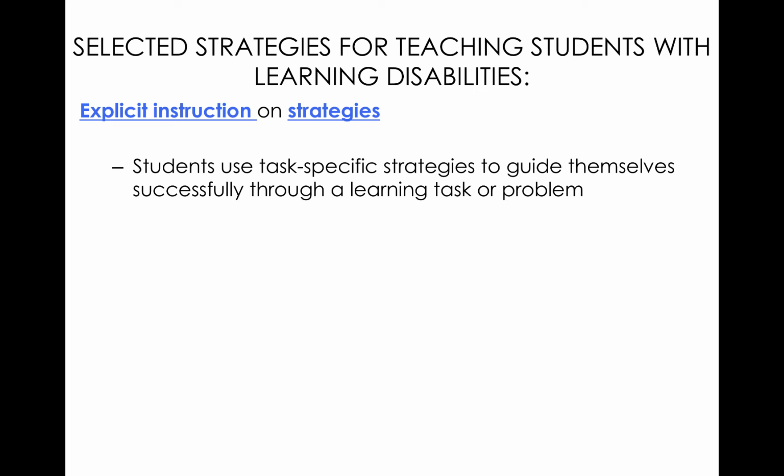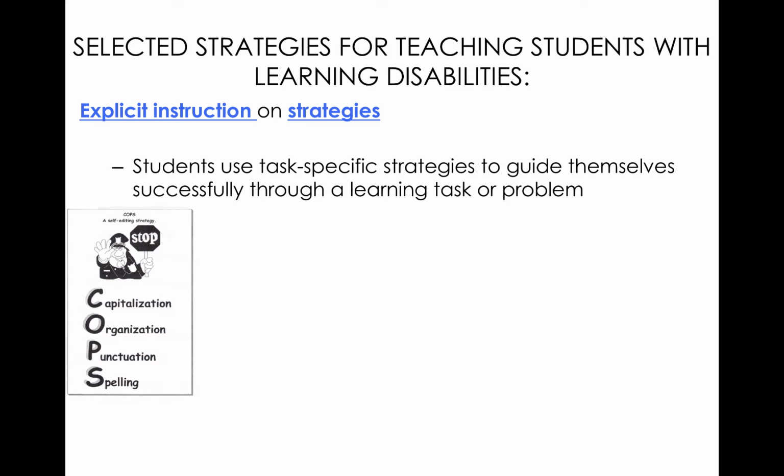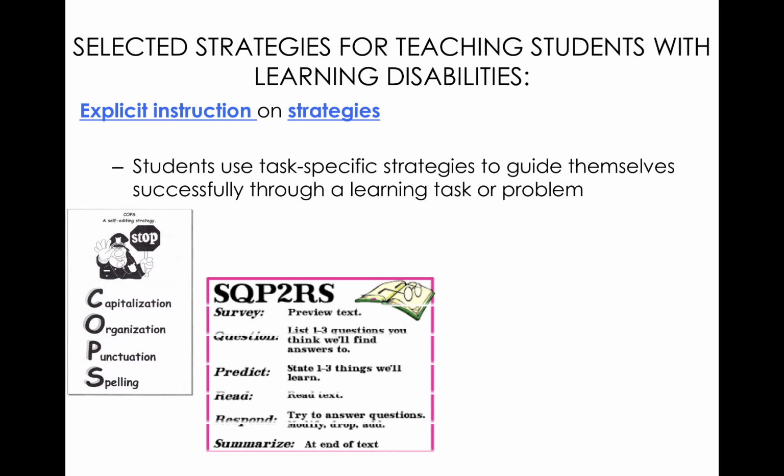You're giving them strategies to implement during different activities, during different assignments. And of course, the ultimate goal of explicit instruction in the area of strategies is that the student will, on their own, use it. This is considered generalization of the skill. They can modify it to fit the assignment, and that's definitely the best predictor that they're going to be okay with the academic task.